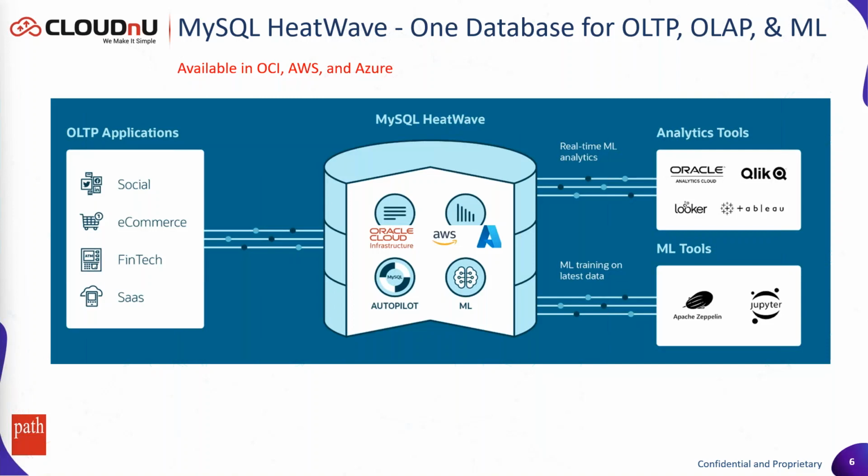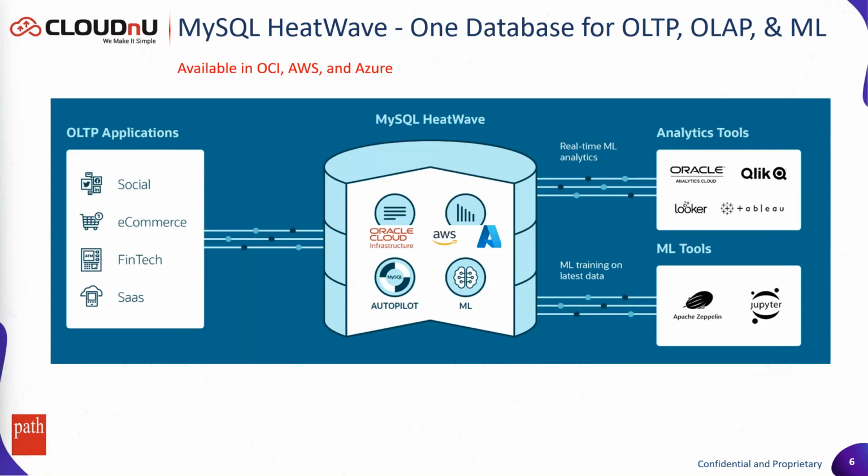This is why MySQL HeatWave was created. It was to help solve this problem. It is the only cloud database service that combines online transaction processing, which we call OLTP, online analytic processing, OLAP, and machine learning, which is very popular these days.